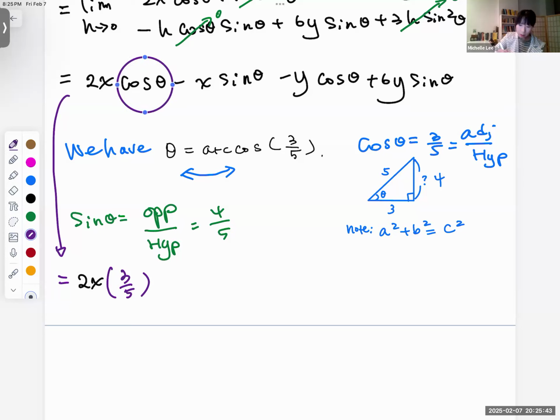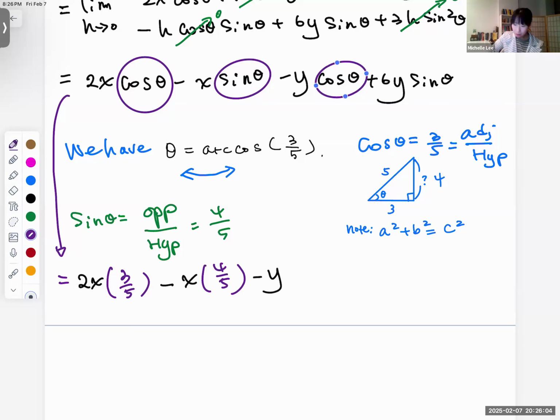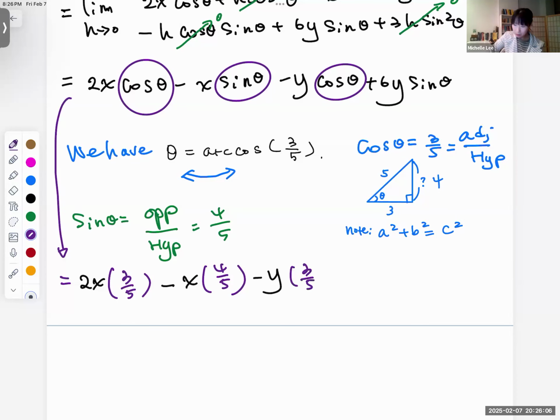And minus x sine theta, which is 4/5. And minus y cosine theta, 3/5. And plus 6y sine theta, which is 4/5, right?